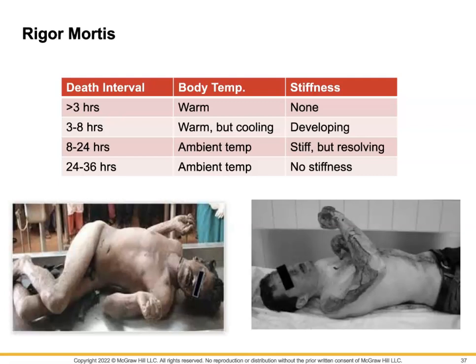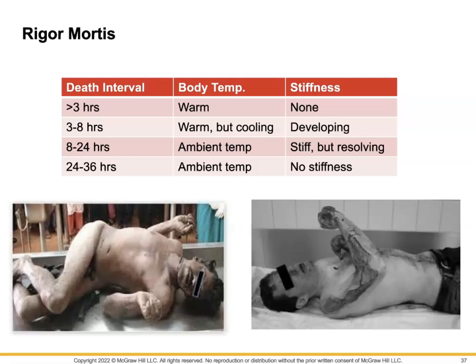So there's a number of factors, though, that can affect that. Environmental conditions have to be taken into account. Where is the body? Is it outside in the sun? Is it in a freezer? Is it at ambient or room temperature? A warmer body will develop and resolve rigor mortis very quickly because of the increased temperature.